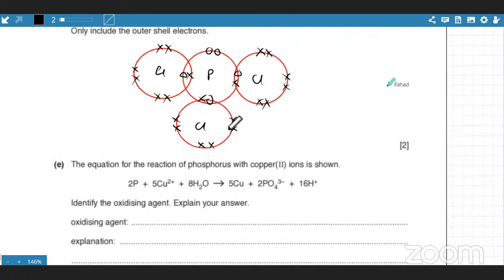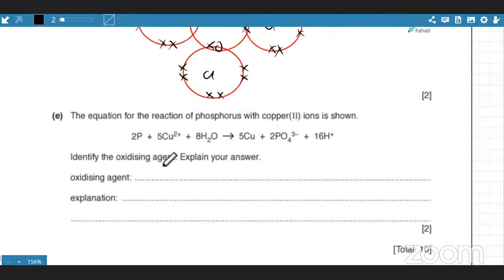The next part is, the equation for the reaction of phosphorus with copper 2 ions is shown. Identify the oxidizing agent, explain. Now, the oxidizing agent is the one that gets reduced, whose charge decreases. So who's getting reduced? If you look over here, copper 2 plus goes to copper 0, so the charge is getting reduced. So the oxidizing agent is going to be copper 2 plus. And the explanation is that it gets reduced, which means it gains electrons.